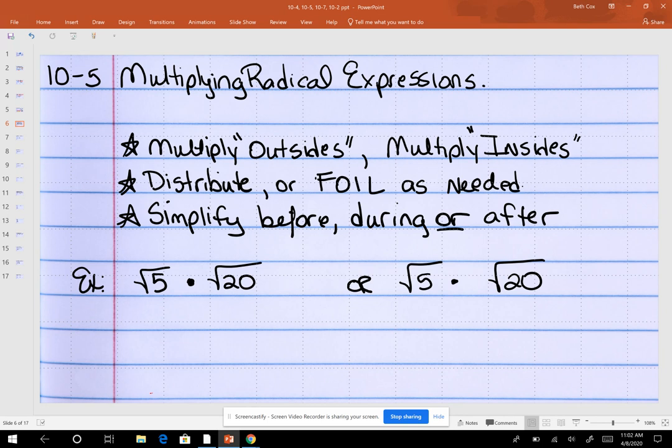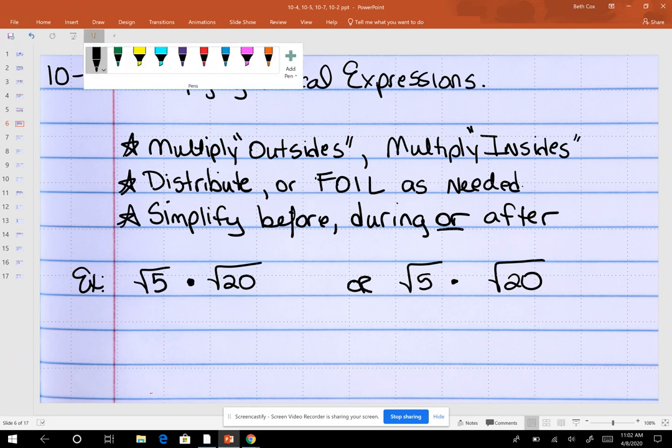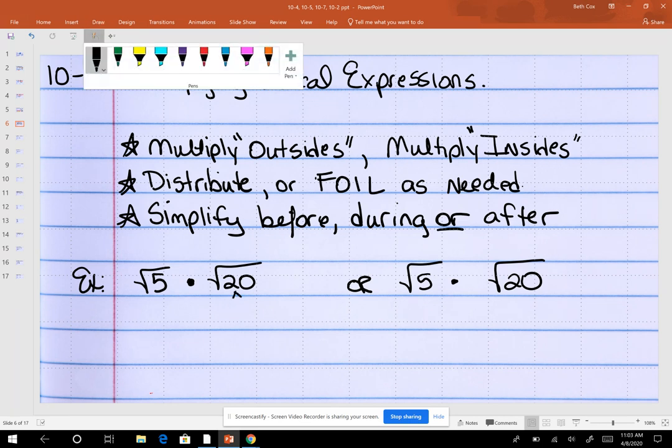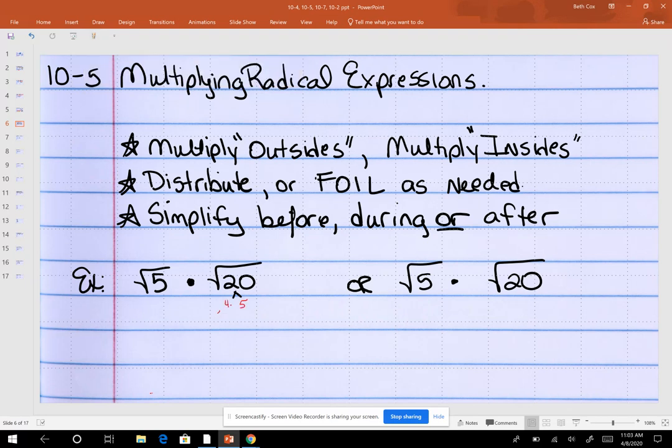All right. So this first problem here, we've got the square root of 5 times the square root of 20. Now we can simplify before, during, or after. We're going to do this one as a simplify before. So this would be 4 times 5, or 2 times 2 times 5.